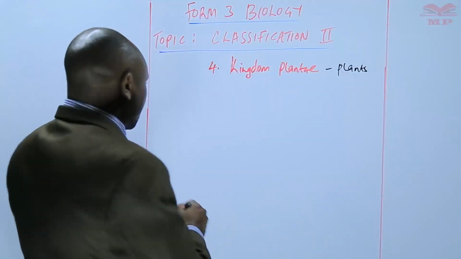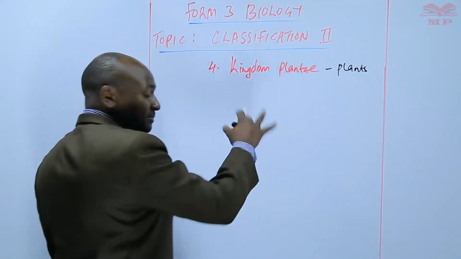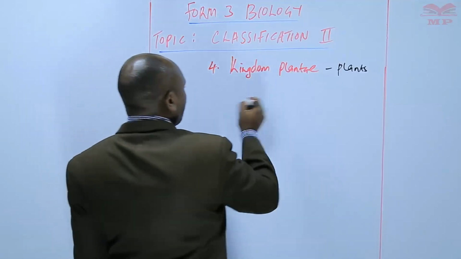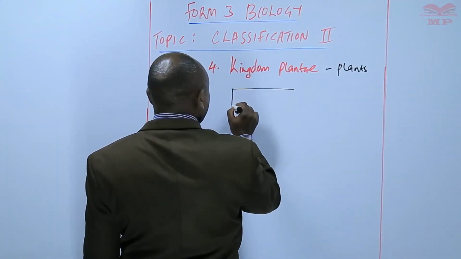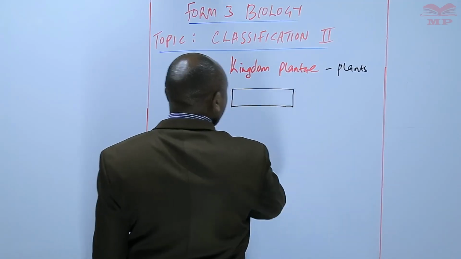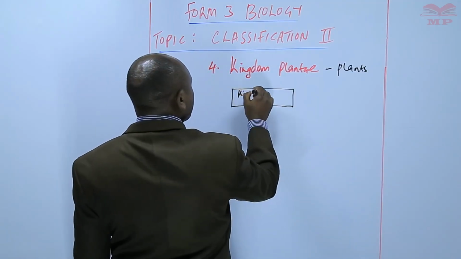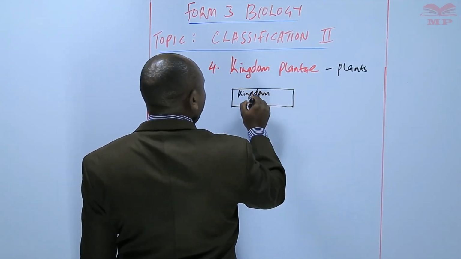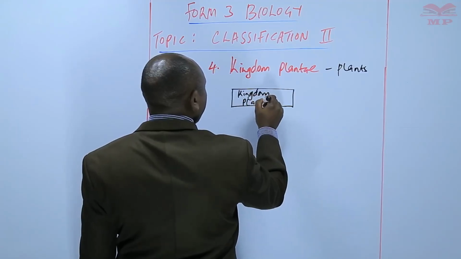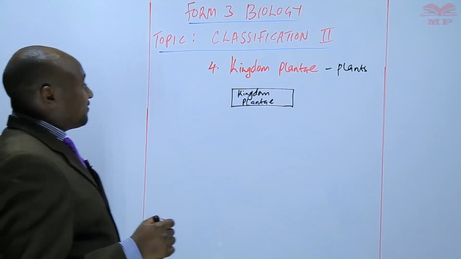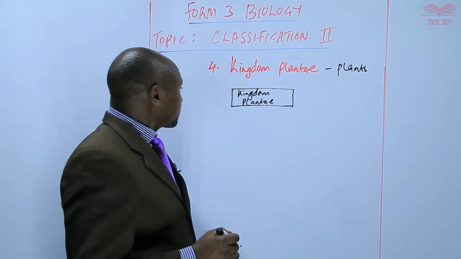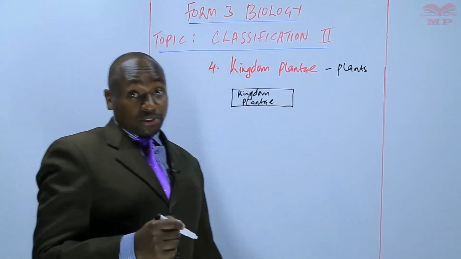And the first thing, we'll have a flow chart diagram, and that is the main kingdom, which is the Kingdom Plantae. And this kingdom is divided into divisions.